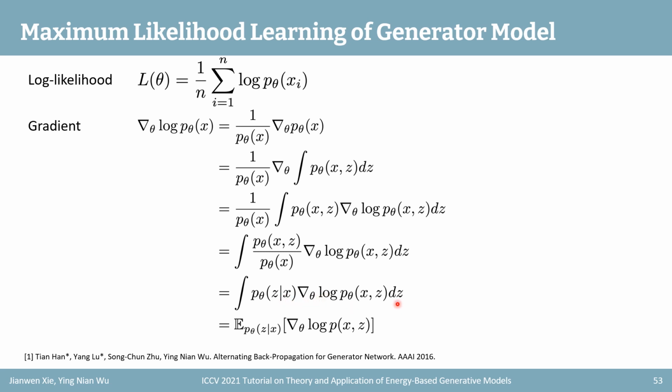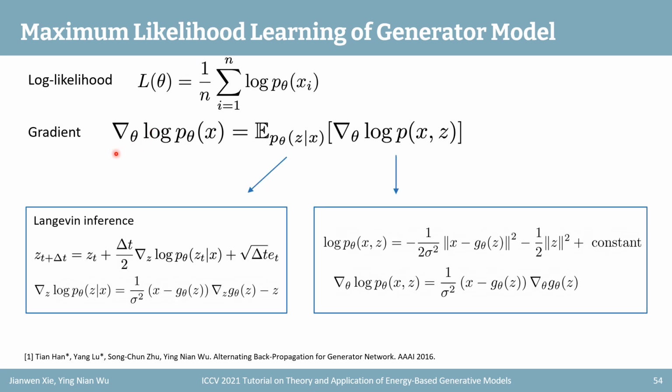And then we continue to have this score function, the derivative of the log density. Okay, and then you can write this as an expectation of this score function with respect to the posterior distribution. And then the expectation can be approximated by Markov chain Monte Carlo.